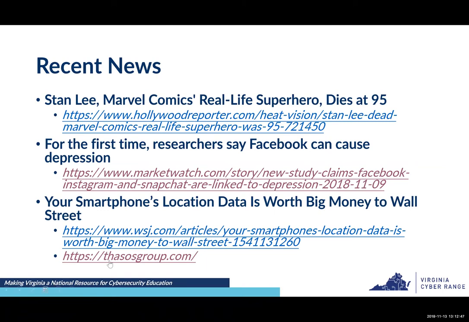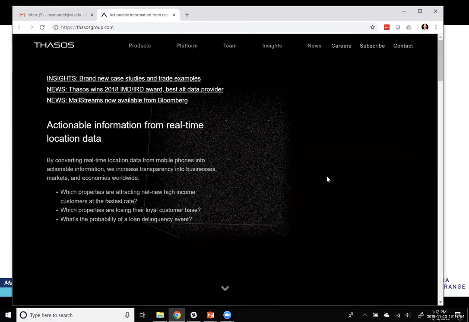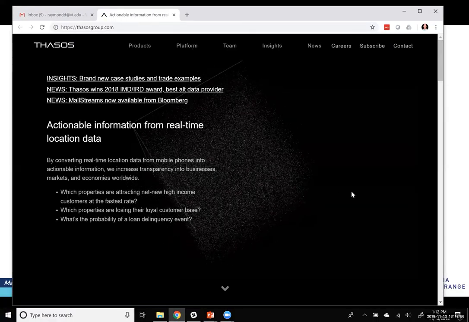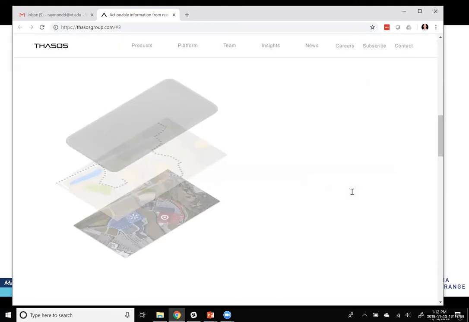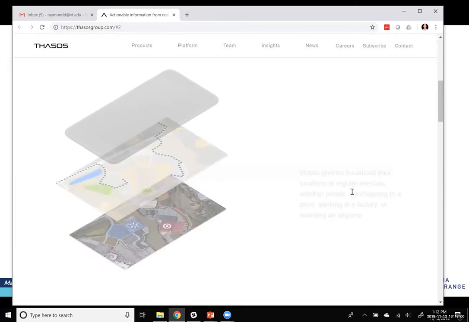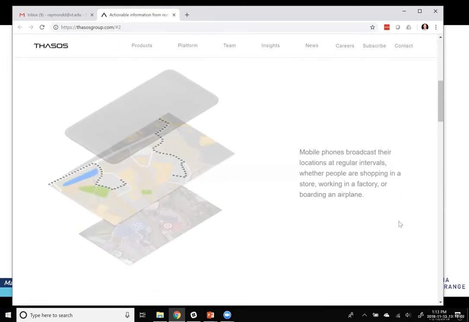And so if we quickly take a look at the Thasos Group website, thasosgroup.com, here they have this pretty slick graphic. Mobile phones broadcast their locations at regular intervals, whether people are shopping in a store, working in a factory, or boarding an airplane. Okay, so where does the location data come from?